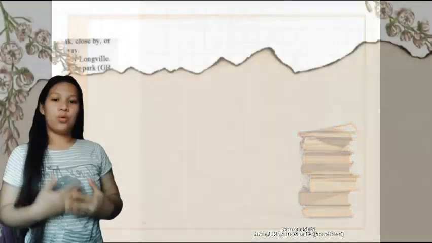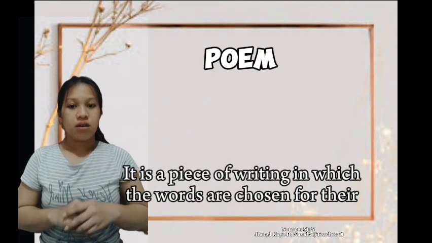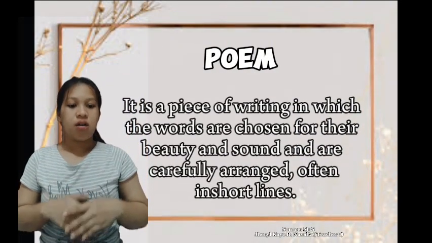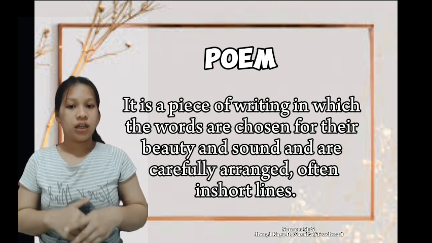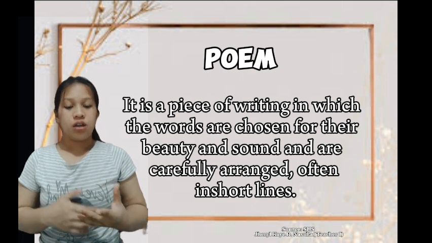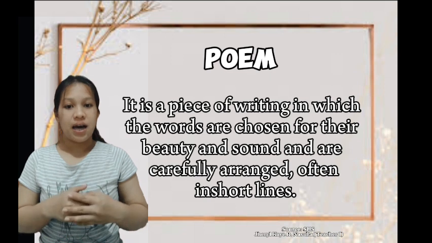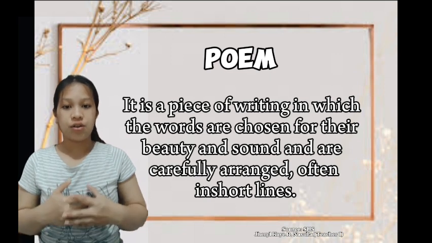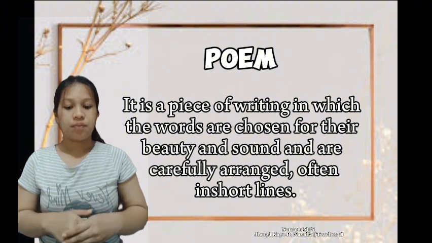Great! So, what is poetry? It is a piece of writing in which words are chosen for their beauty and sound and are carefully arranged, often in short lines. It is a composition in verse, especially one that is characterized by a highly developed artistic form and imaginative interpretation of the subject.